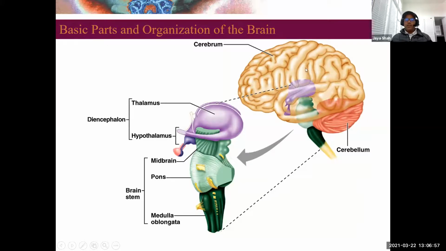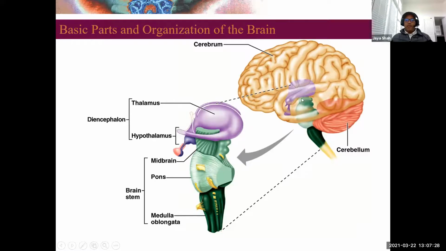Inside the white matter, there is another group of cell bodies called the basal nuclei, which you cannot see in this diagram. Then we have the diencephalon, which is another group of nuclei deep in the medulla of the cerebrum, which has three parts: thalamus, hypothalamus, and epithalamus. The epithalamus you cannot see, in the posterior part here.